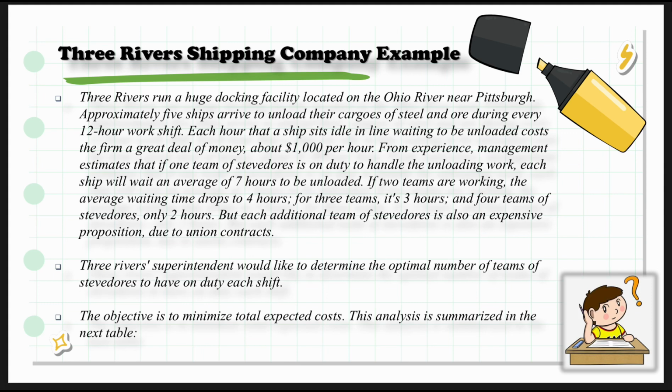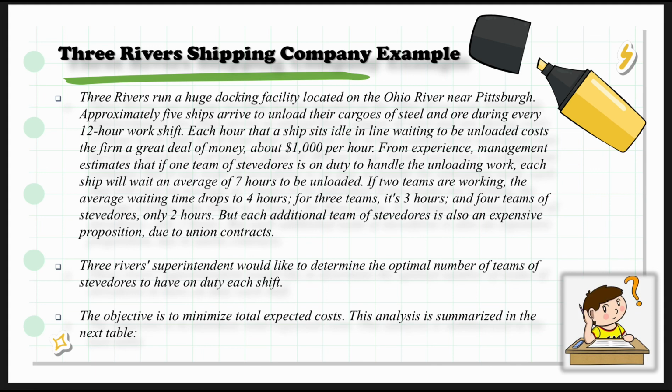But each additional team of stevedores is also an expensive proposition due to union contracts. So the Three Rivers superintendent would like to determine the optimal number of teams of stevedores to have on duty each shift. The objective is to minimize total expected costs.